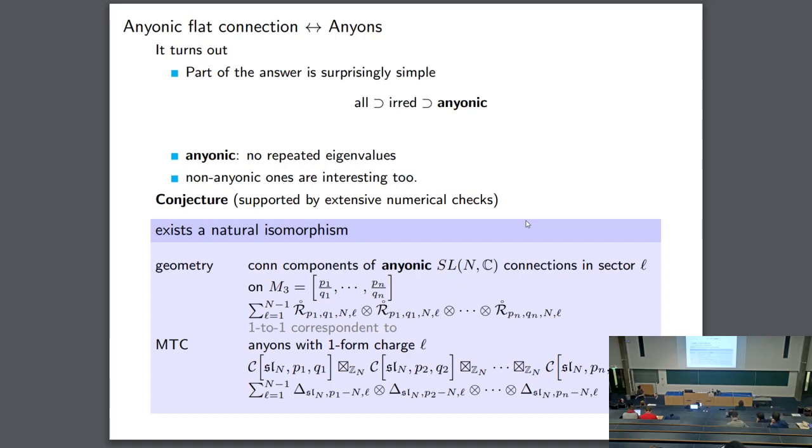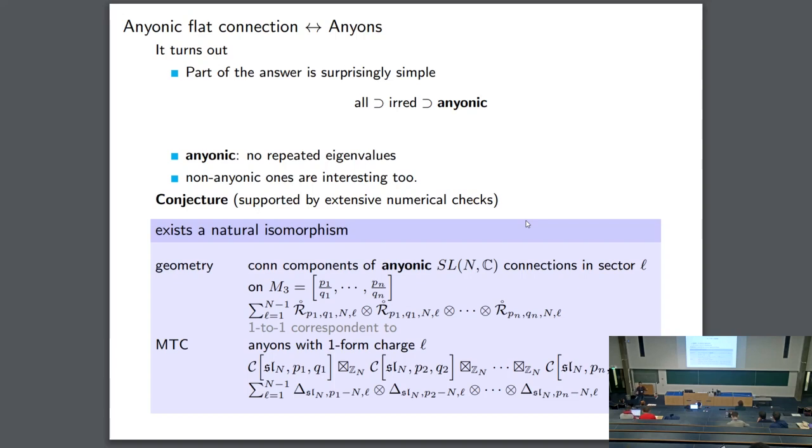For each element here, there's a corresponding element here, which labels flat connections. I have to add a caveat, which is that the space of flat connections is rather complicated. There are some continuous parameters. What we are answering here is the pi_0 of this space.